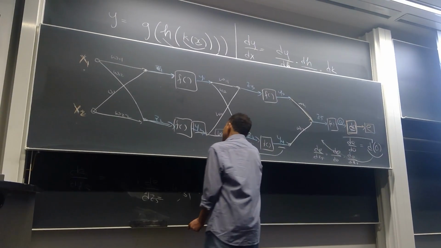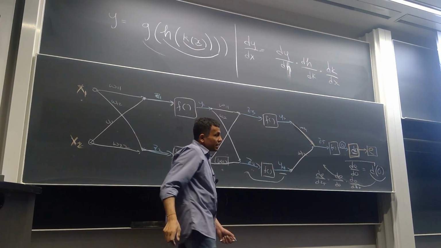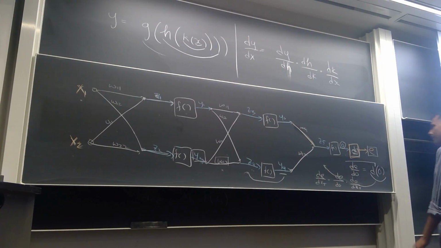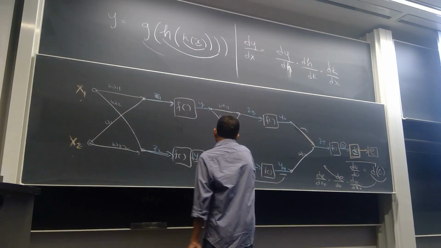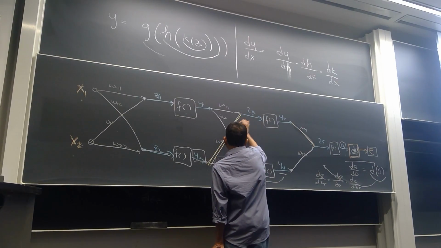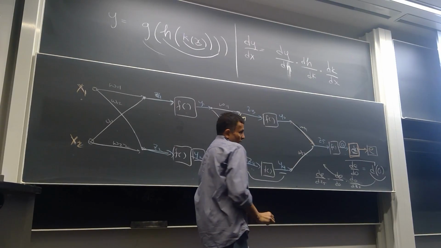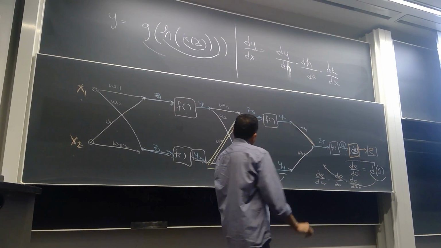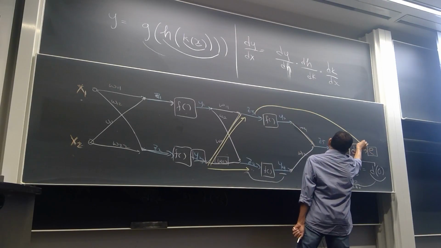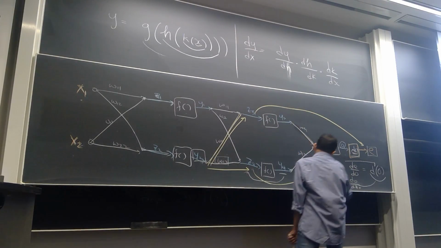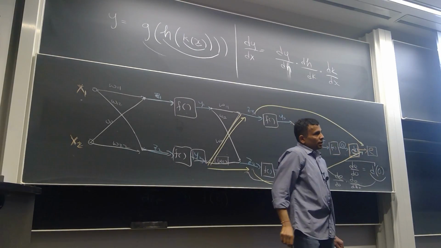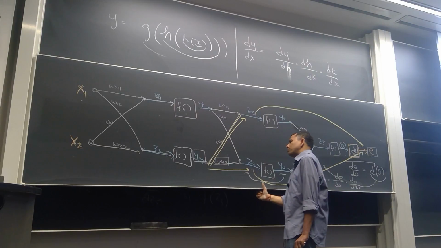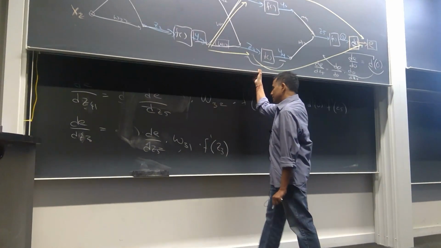If you look at how Y2 influences E, there are two distinct pathways through which Y2 influences E. So Y2 influences Z3 and Y2 influences Z4, and each of those in turn influence E, correct?